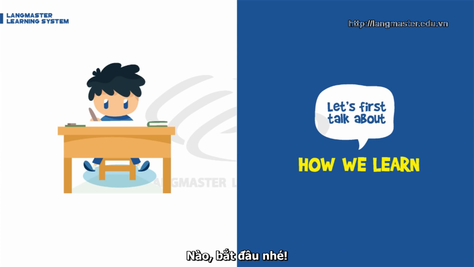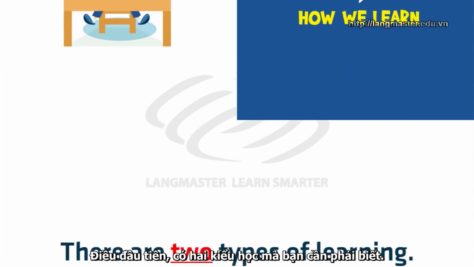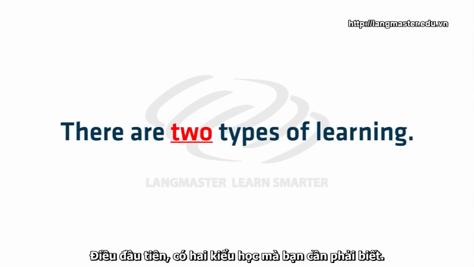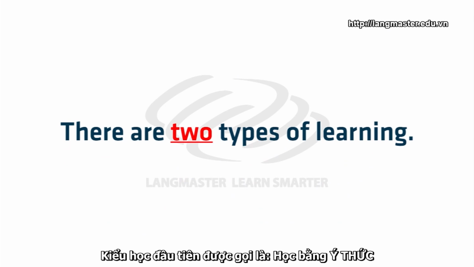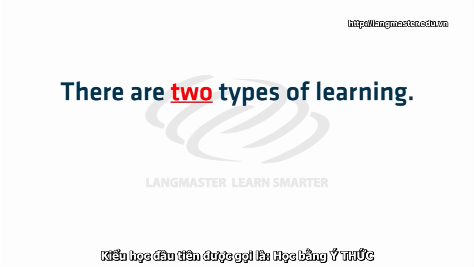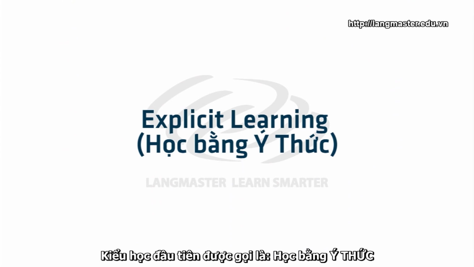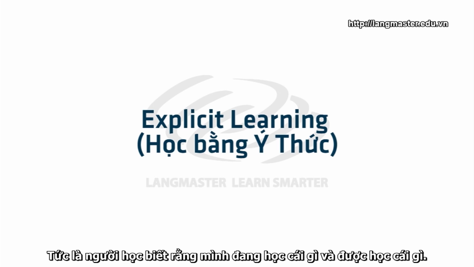So, let's begin. The first thing you need to know is that there are 2 types of learning. The first type of learning is called explicit learning or conscious learning. This is the type of learning where the learner knows that he's learning something, and also what is being learned.